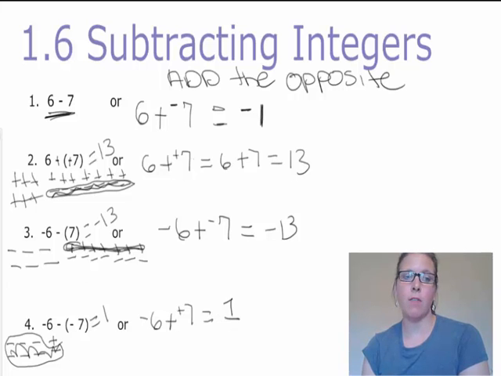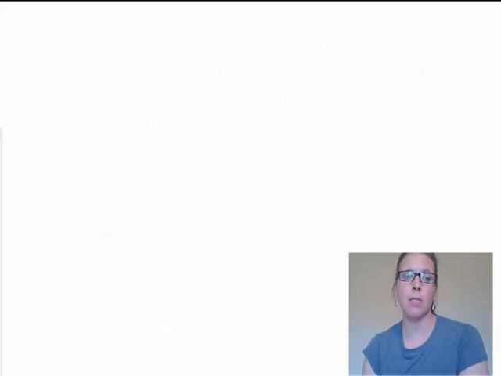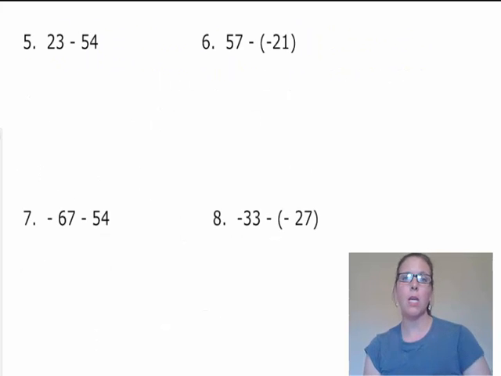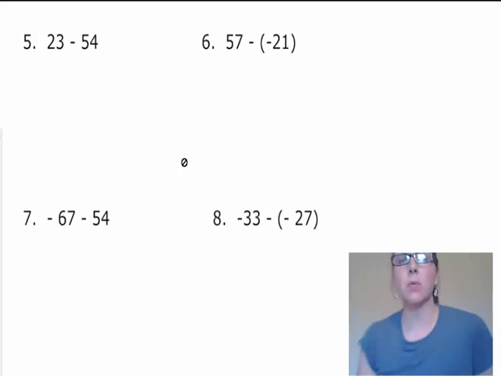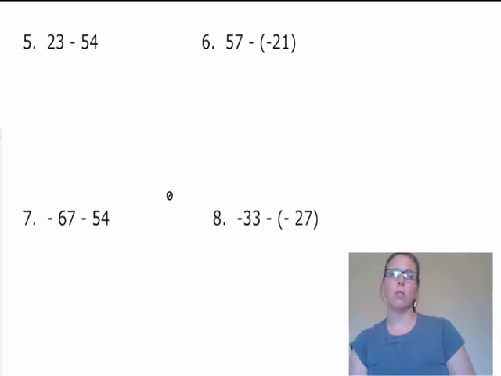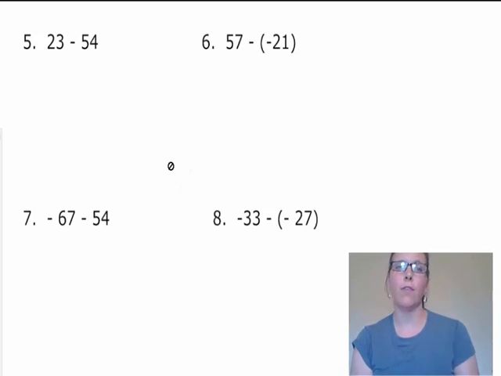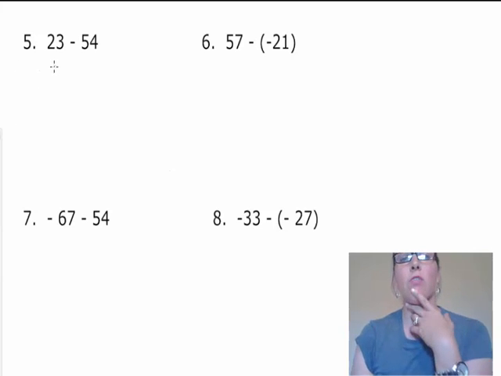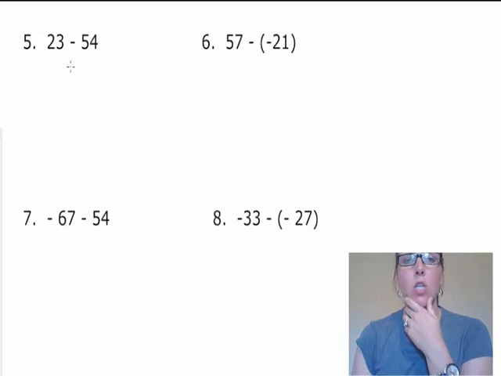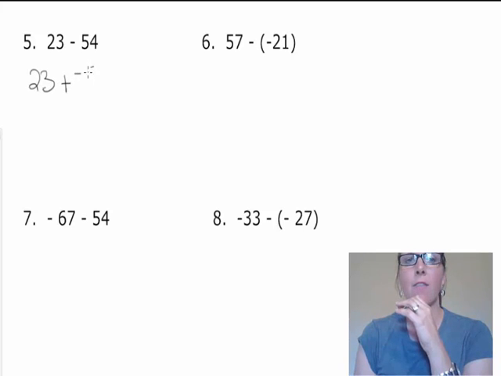Again, this gets very confusing, so it's okay if we need to spend some more time on it. So then we get into ones like this where you really got to think. You got to know your rules, because I'm not marking out 54 positive signs. Okay? So we have 23 minus 54. If you look at this and you know right away what to do, go with it. If not, let's change it. 23 plus a negative 54.